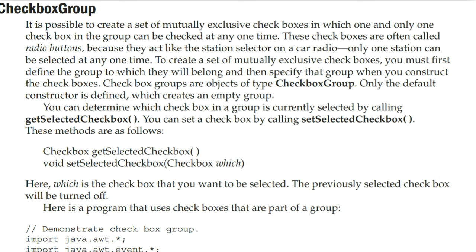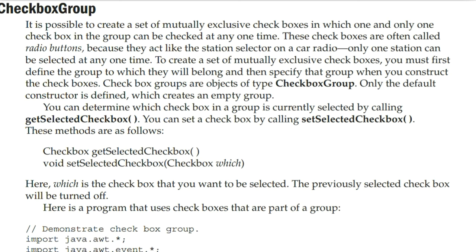To create a set of mutually exclusive checkboxes, you must first define the group to which they will belong, and then specify that group when you construct the checkboxes. Checkbox groups are objects of type CheckboxGroup. Only the default constructor is defined, which creates an empty group.